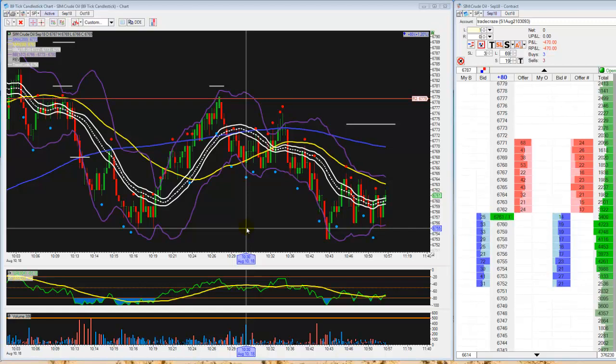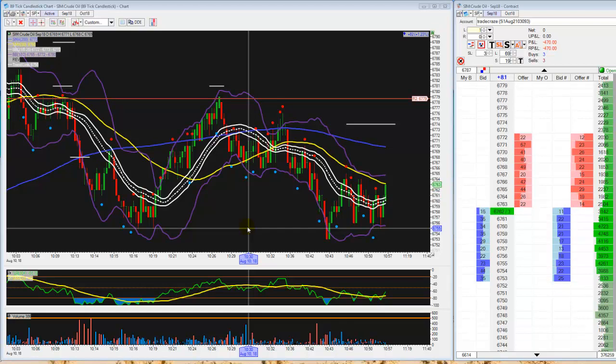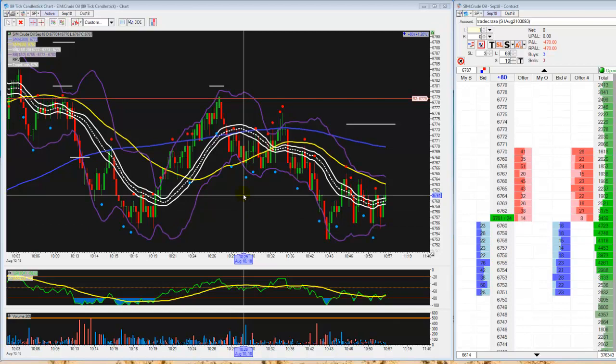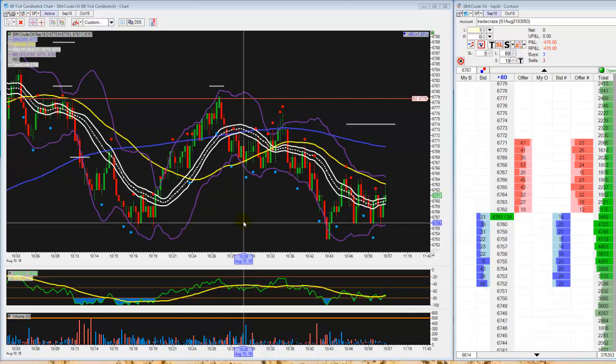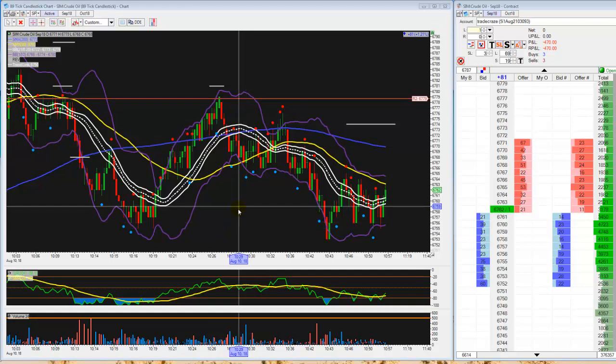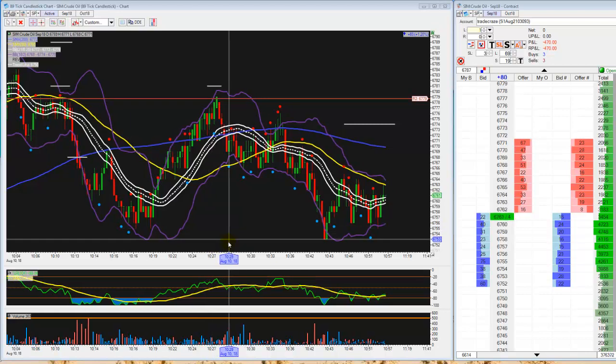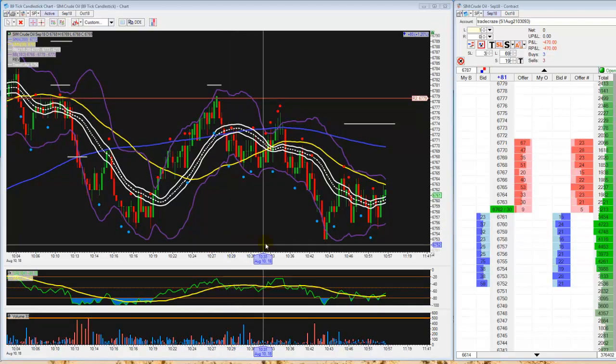Because unfortunately in my day trading, I've made $10, $20, $25,000 in a month, but then I've had months that I've lost 10 to 15,000. Each one has their own way of looking at stuff.